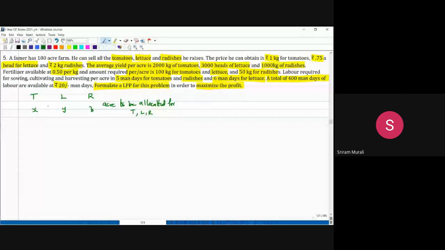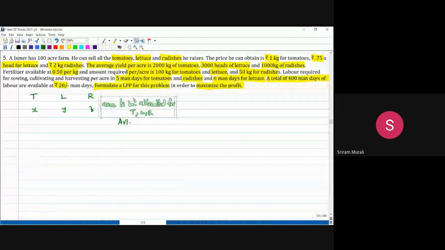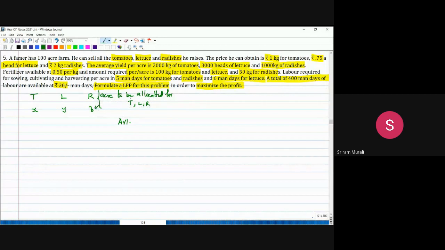So the first sentence says he has availability of 100-acre land with him. He doesn't know how much to allocate, so that is the problem.